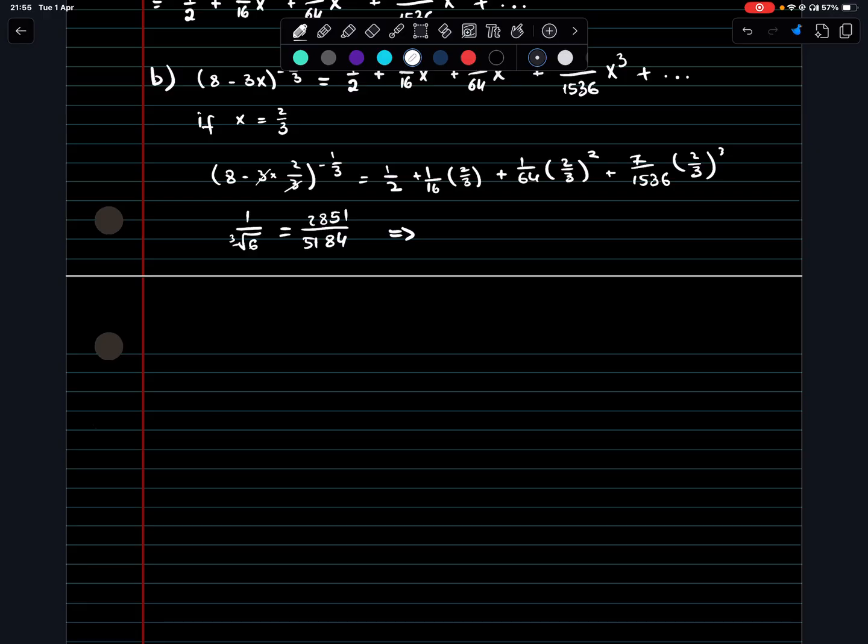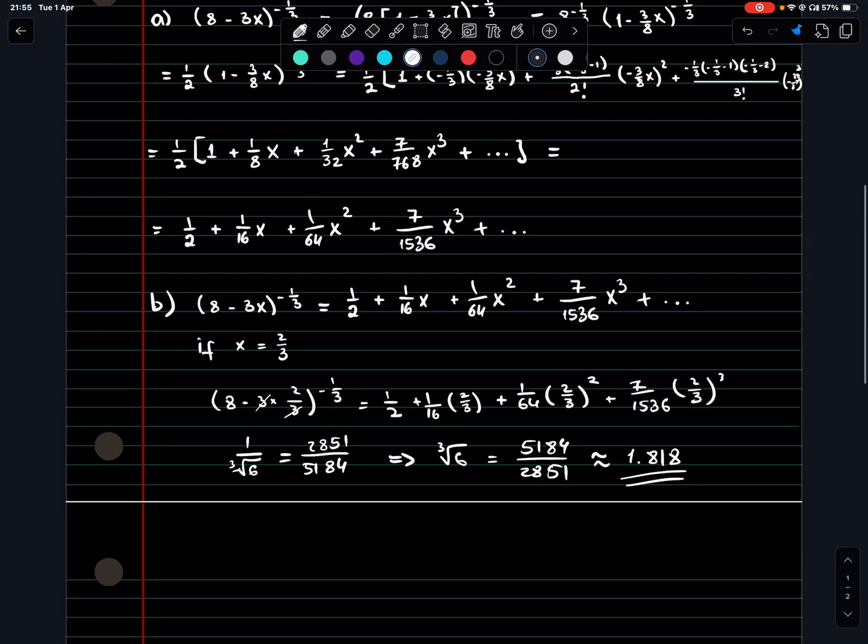What we found is 1 divided by that, so that means the cube root of 6 is 5184 over 2851. You can find this as a decimal, just divide it. They don't say what decimal place, so I'm just guessing, let's take 3 decimal places. 1.818 will be the final answer. Okay, that's it.